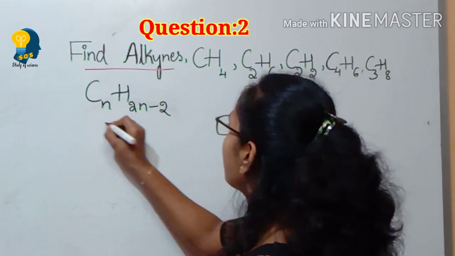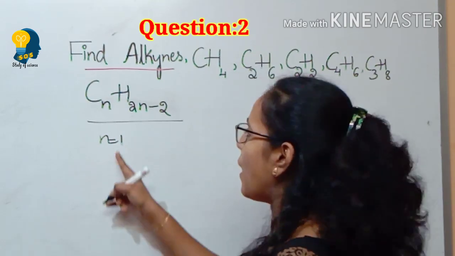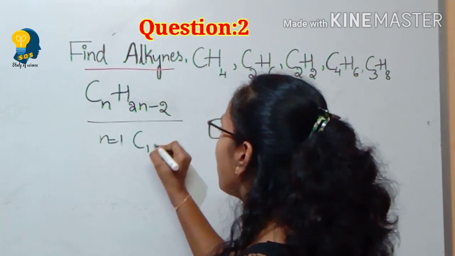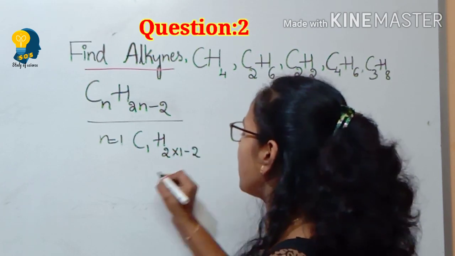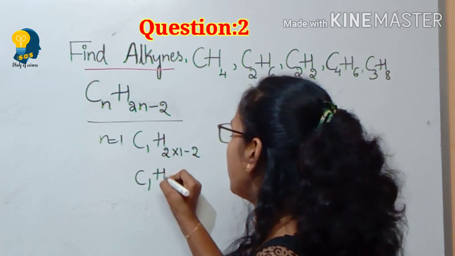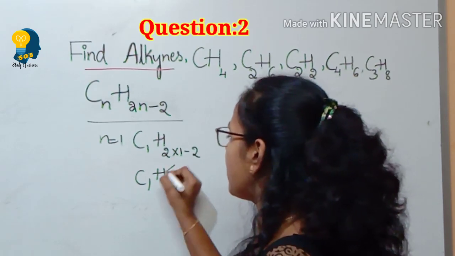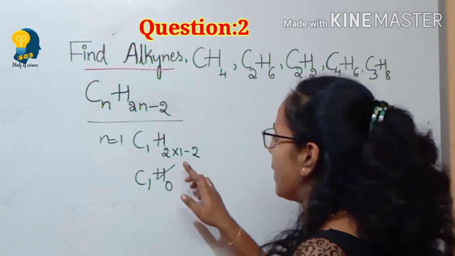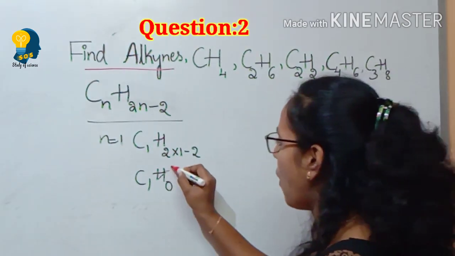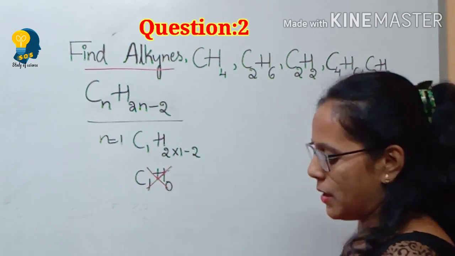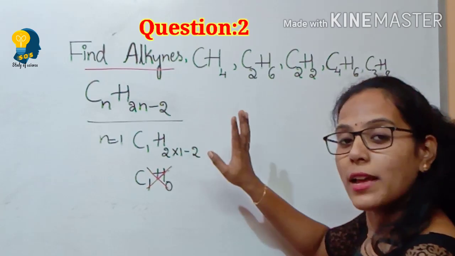When n is equal to 1, that is C1H(2 into 1 minus 2), 2 ones are 2, 2 minus 2 is 0. First let us look at, is this correct? C1H0 is found here? It is wrong. So n equals 1 is not found in alkyne.